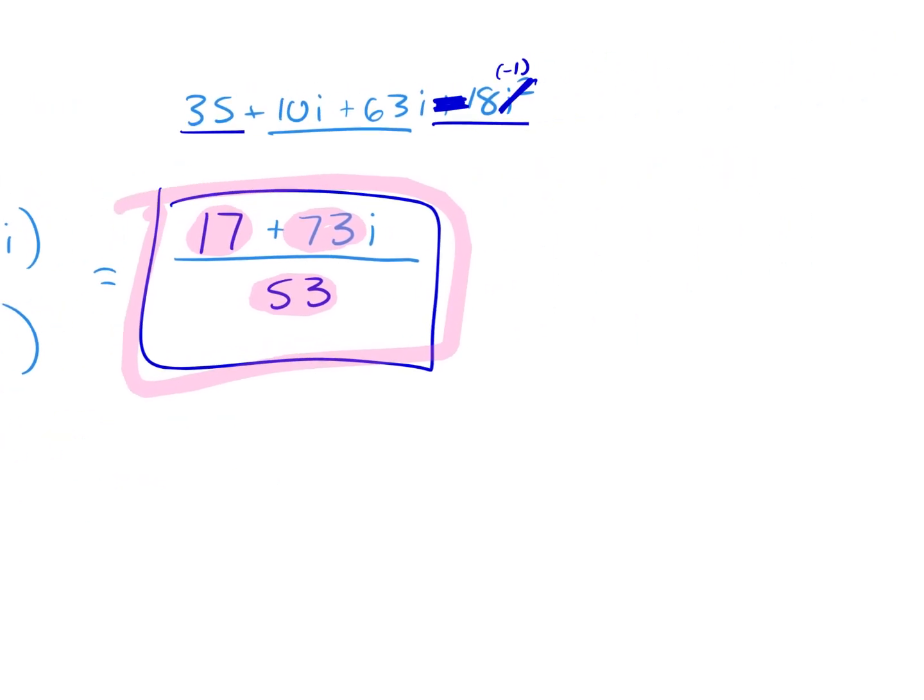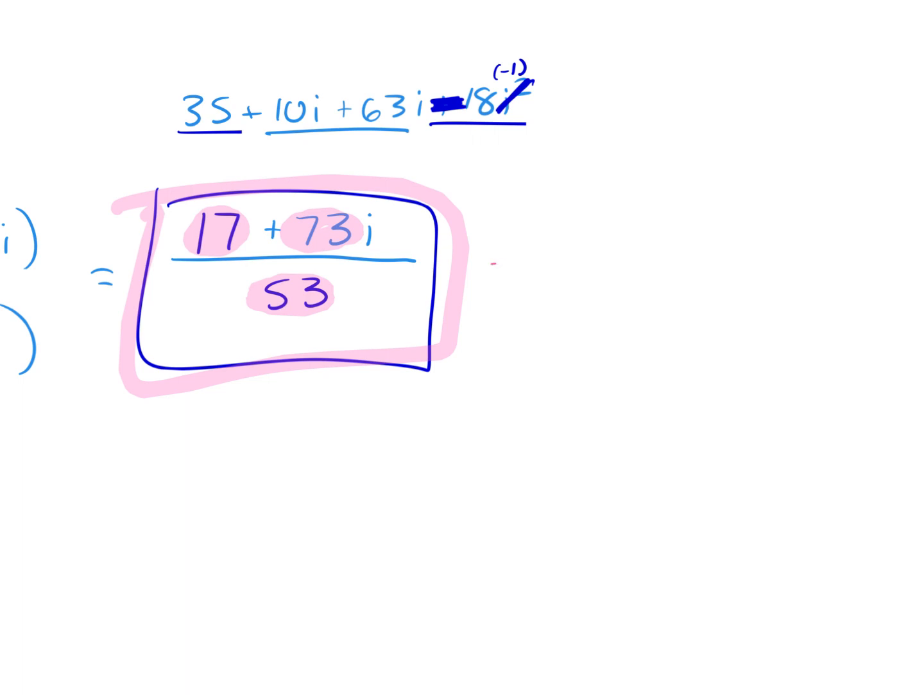So you can leave it like this, or you can split it up. If you split it up, it's 17 over 53 plus 73i over 53. And then from here, you just have to make sure each fraction can't be simplified more. If you can simplify one of your fractions, then simplify it. But it's fine if you leave it all as one.